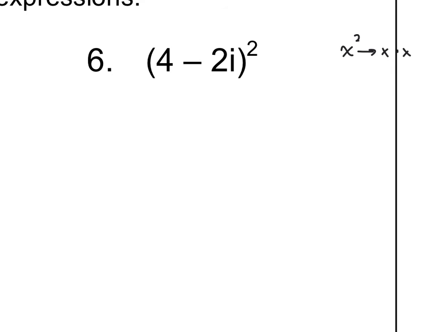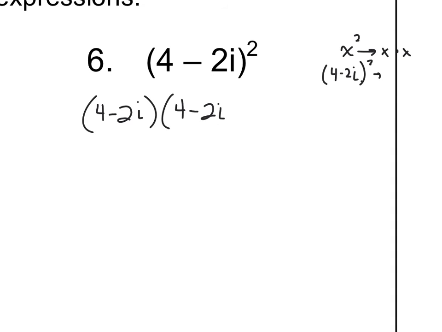So if I have 4 minus 2i squared, I can write that as 4 minus 2i times 4 minus 2i. And now I can use FOIL, distribute, box method, or rainbows.